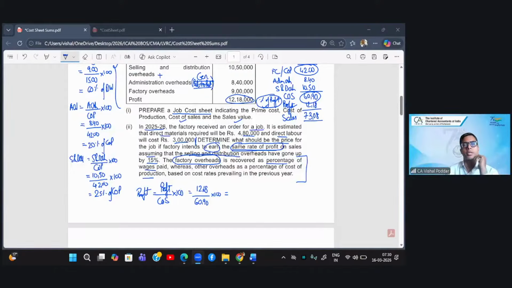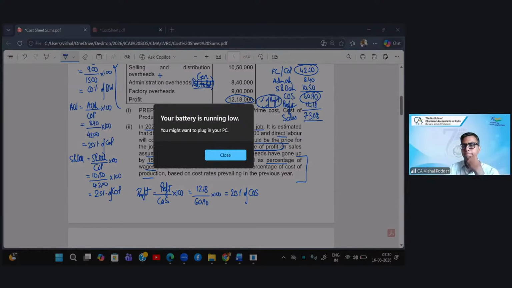I'm taking percentage of COS so that while preparing the next cost sheet also it will be easy. So I'm getting 20%, correct? Perfect. Perfect.